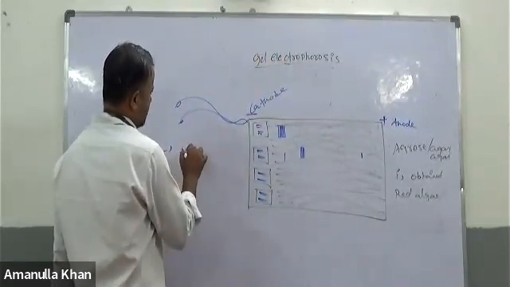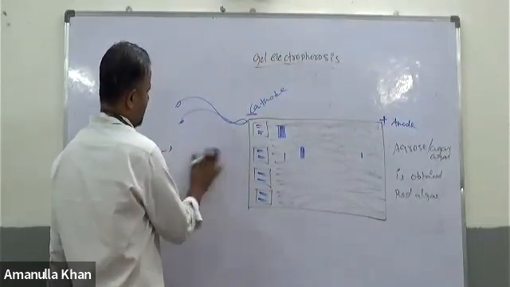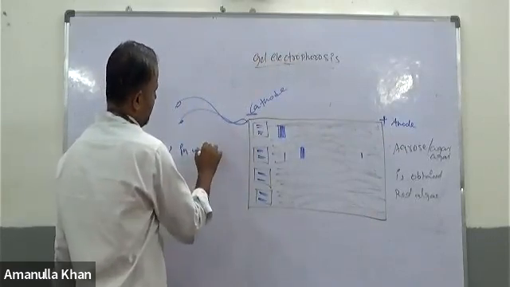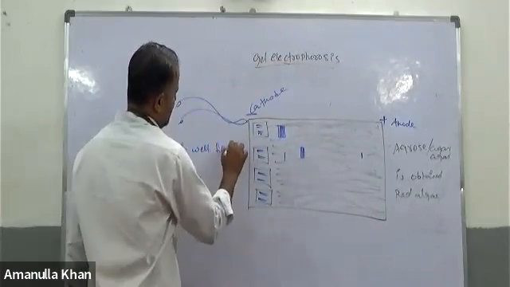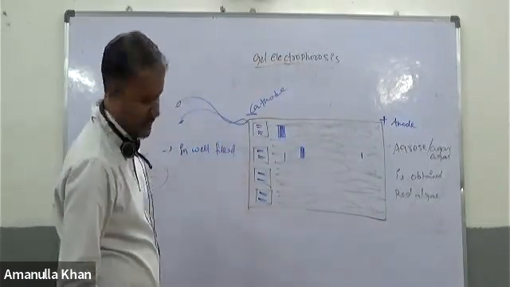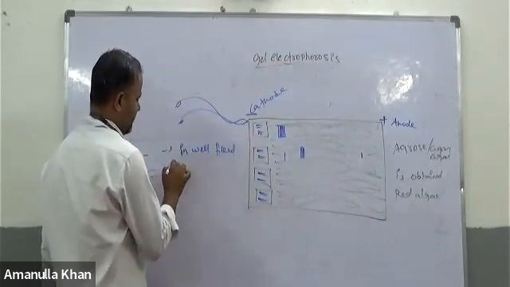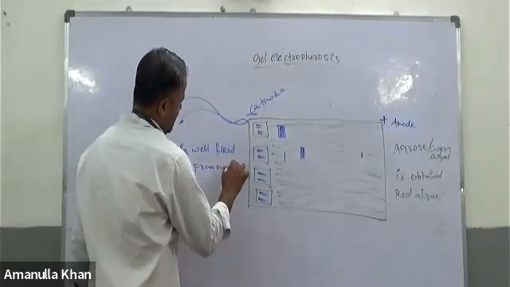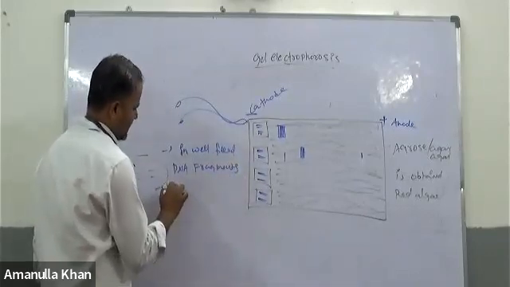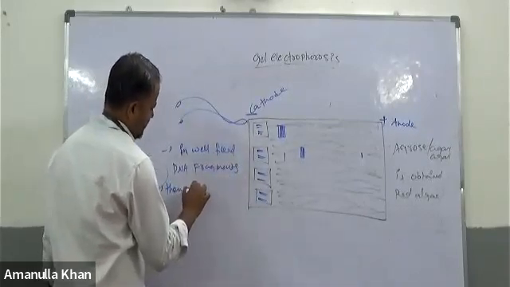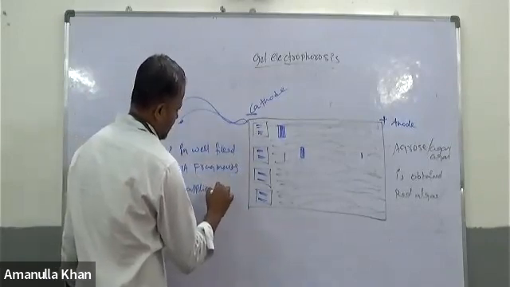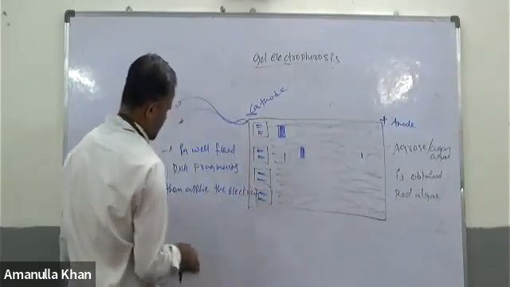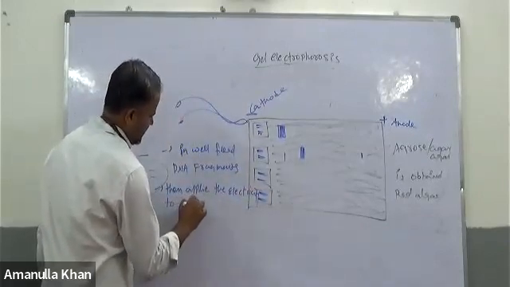In the well, fill the DNA fragments. Then apply electricity to the agarose plate.